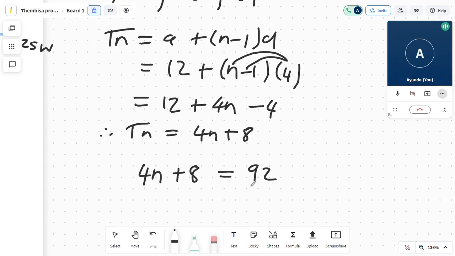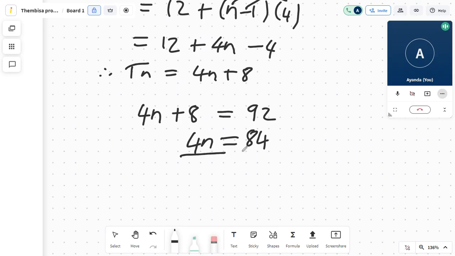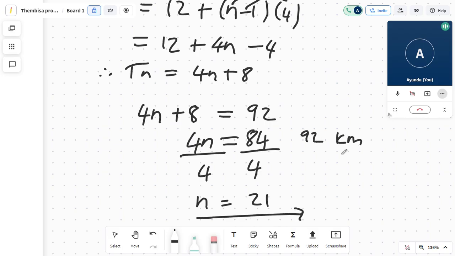If we subtract 8 on both sides, we're left with 4n is equal to 84. If we divide both sides by 4, we're left with n is equal to 21. So 92 kilometers needs to be run on the 21st week.